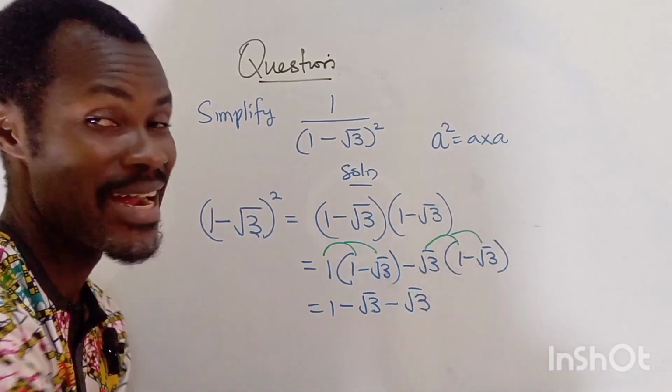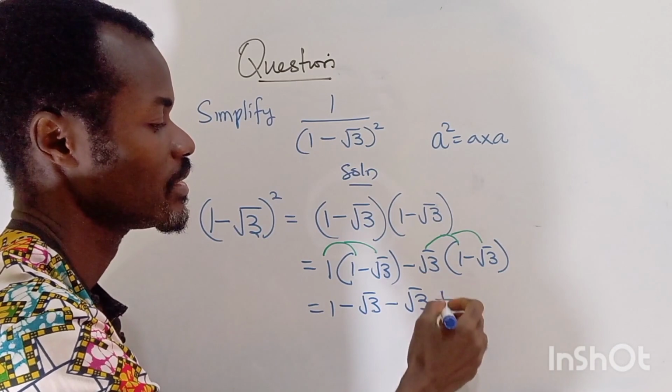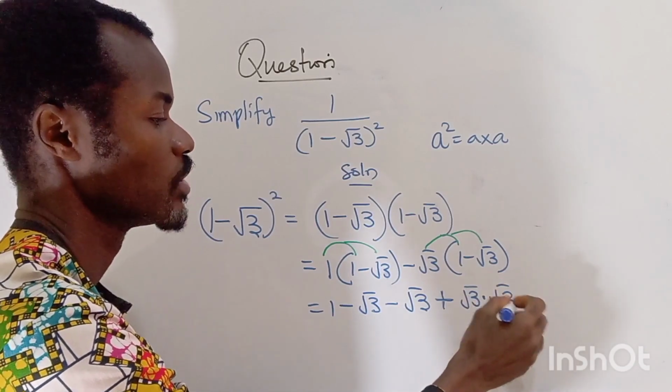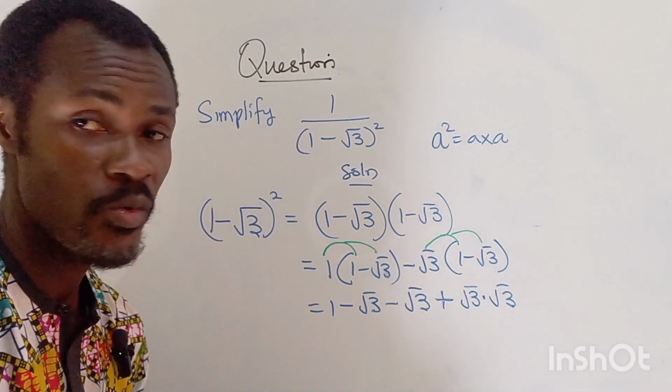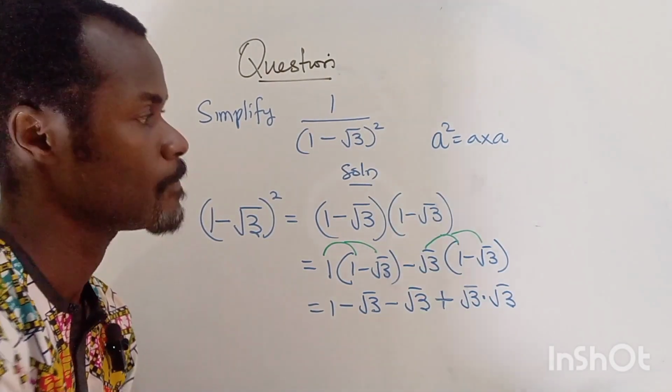First of all, minus times minus is going to give us plus. And root 3 times root 3, we are going to solve this using the idea of surds.